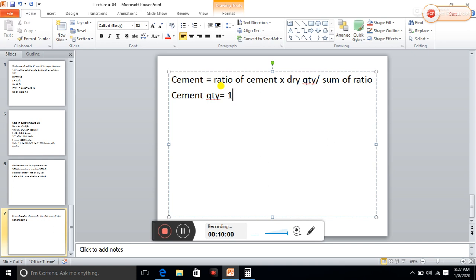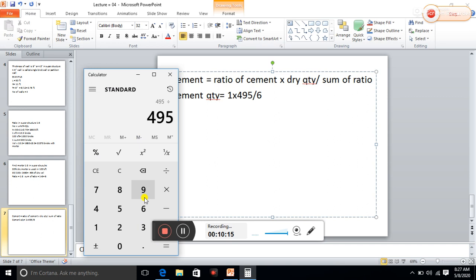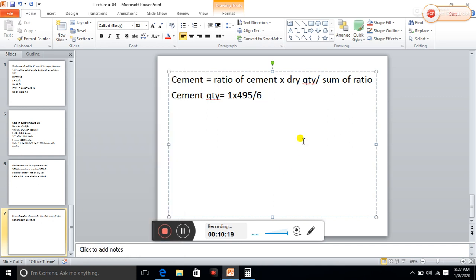Ratio of cement is 1 in the 1:5 ratio, and dry quantity is 495, divided by sum of ratio 6. So it is 82.5 cubic feet. This is the quantity of cement.